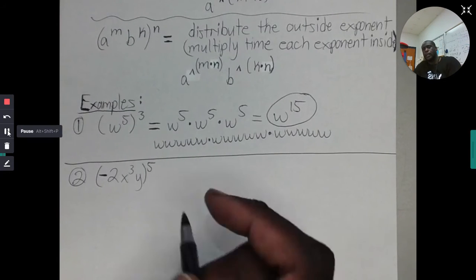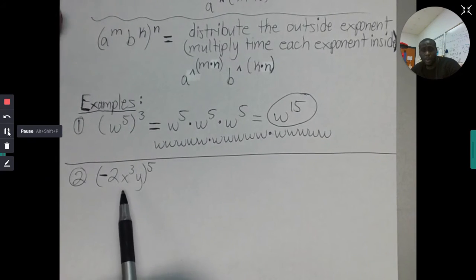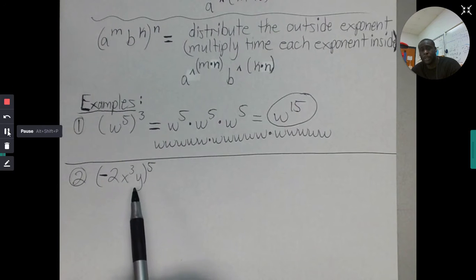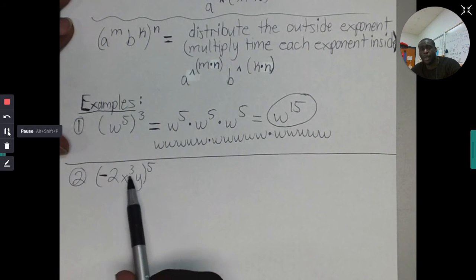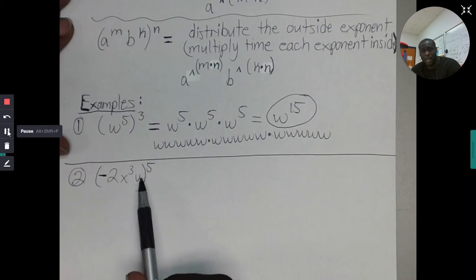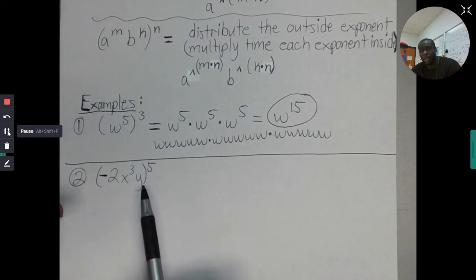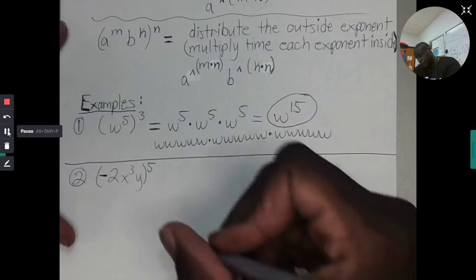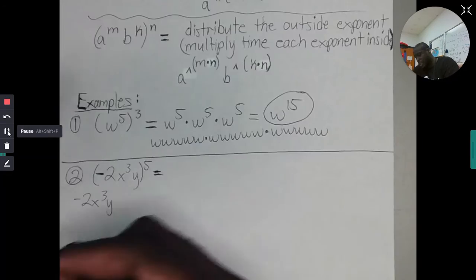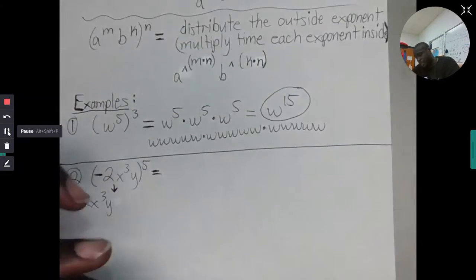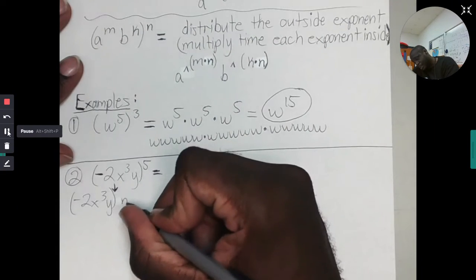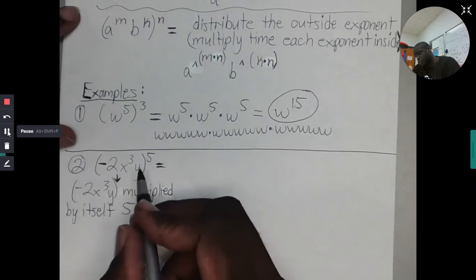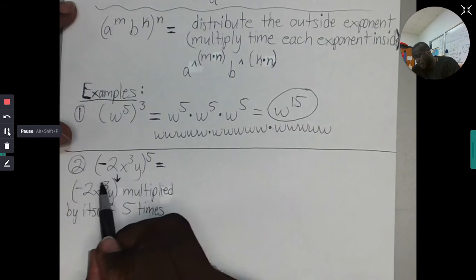So, with another example like this one here, you have more things on the inside that are raised to this power. With something like this, just be mindful that it's this part here multiplied by itself 5 times. What we are going to do is distribute this exponent here.